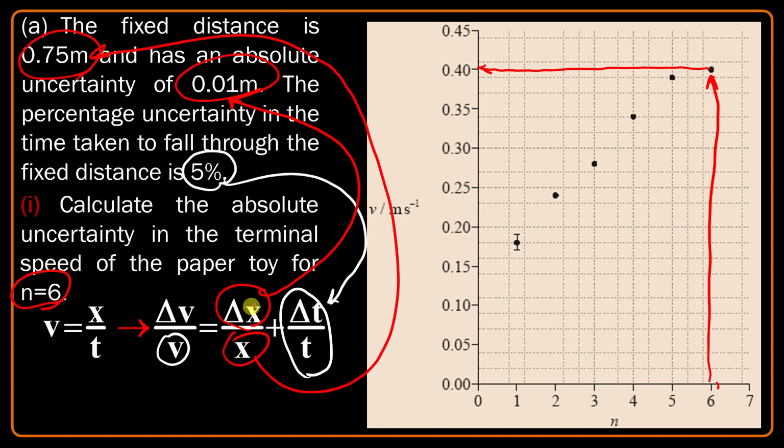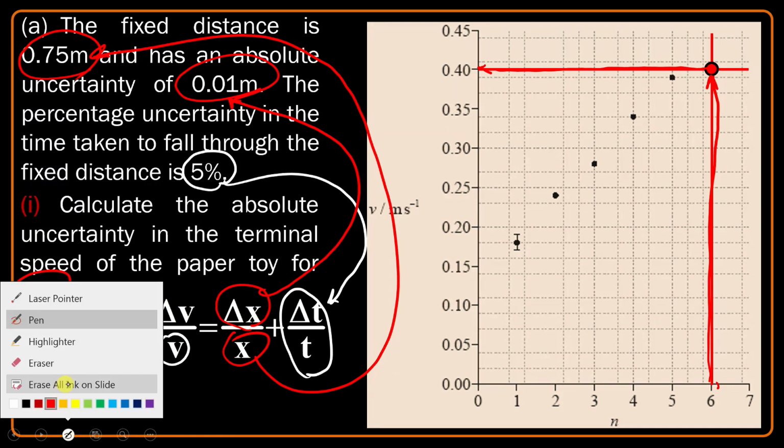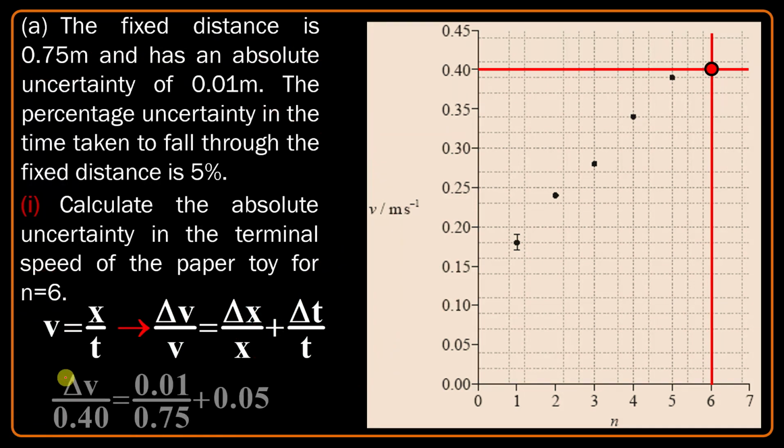We can put delta x over x with the units of centimeter or meter. It's okay, no problem at all. Okay, let's erase all. And then, yeah, the values are here. Delta v over v, 0.40, 0.01, 0.75 for x, and this is delta t over t.